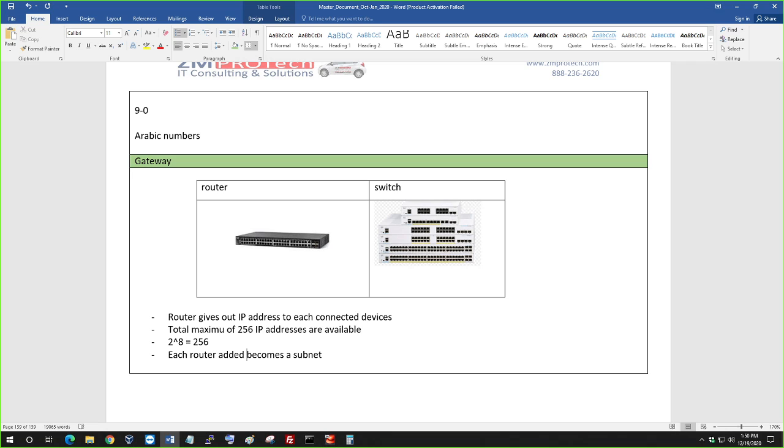Becomes a subnet. Okay, what is a subnet? It is a small network in itself.